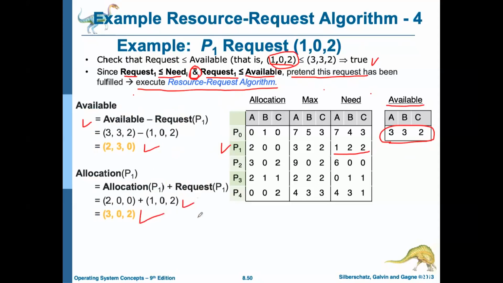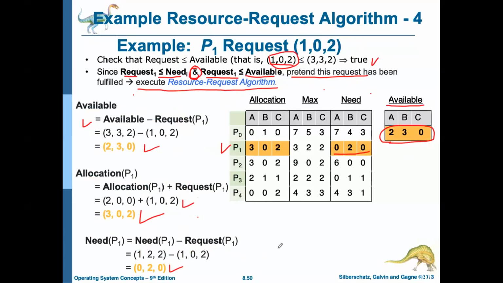Then needs for P1 minus the request gives the new current needs, which is 020. They will check again with the current needs.